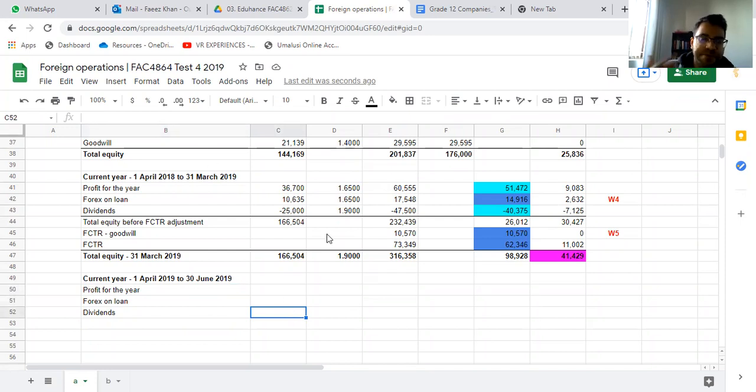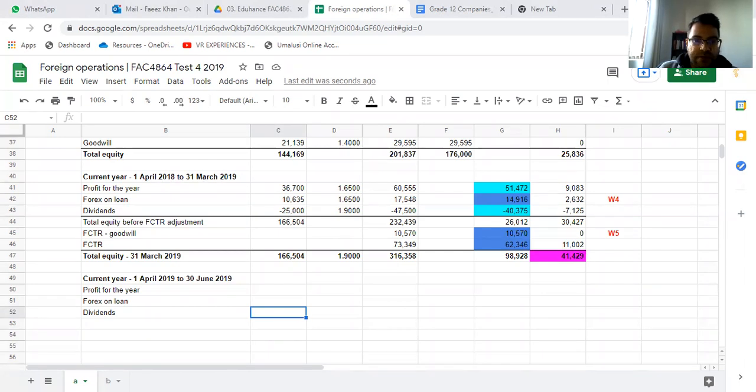I don't think there were any dividends, but we can have a look if there were any. And then we will complete the analysis of equity up until that point in time. We can actually use that information to work out some of the numbers. Okay, so let's quickly do that.